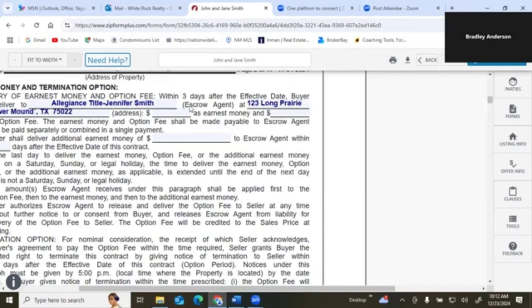And then you're going to put in how much. Now, depending on the price, it could be typically 1% of the sales price or some other amount. So let's say it's $300,000, 1% would be $3,000. Okay.